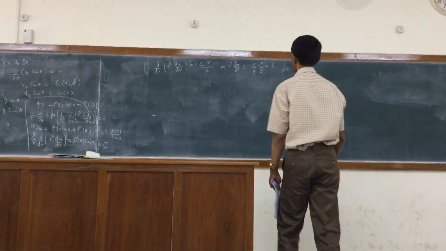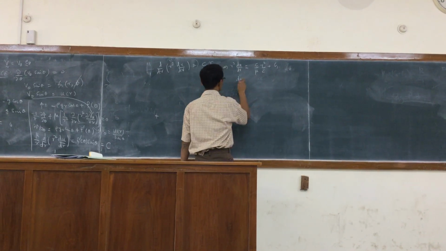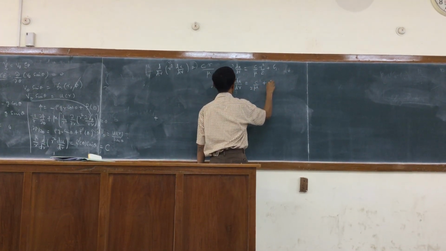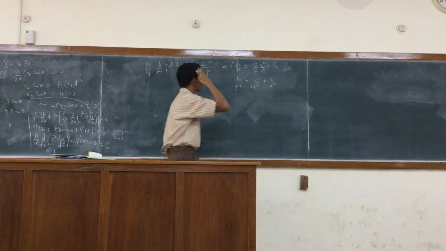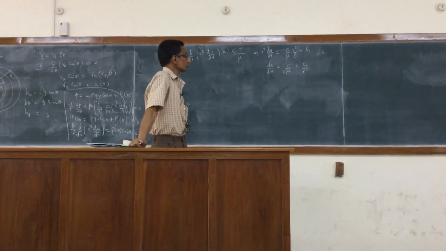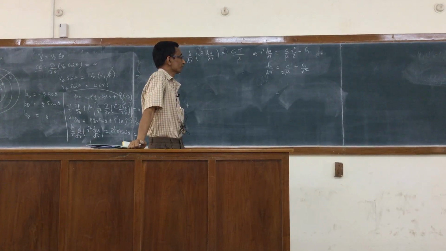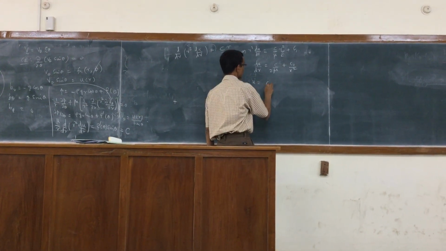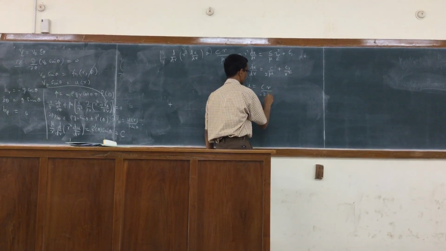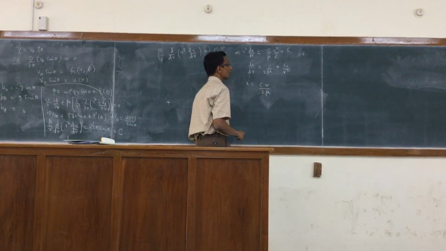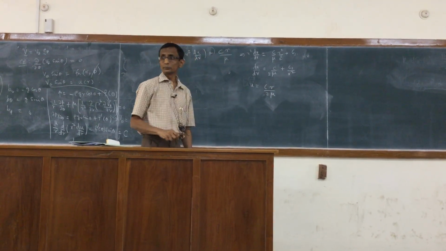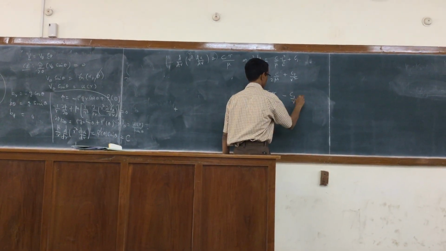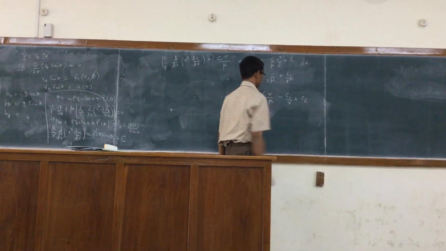And then dividing by r squared, I have to integrate it again. So u would be given by c r by 2 minus c1 by r plus c2.